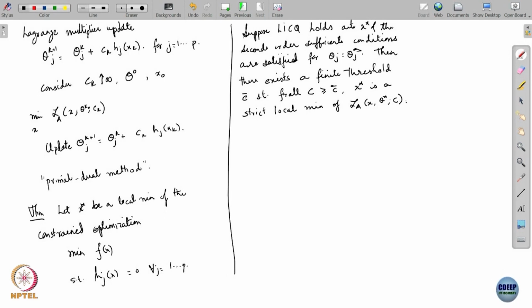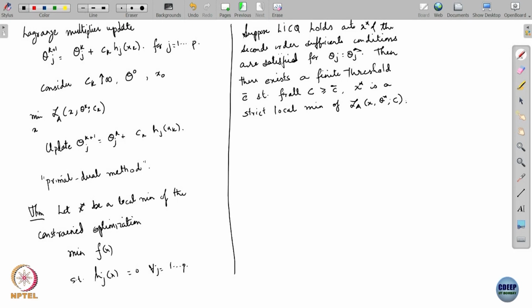Okay. So, this is now not a complete theorem of convergence of the augmented Lagrangian method, that takes a little bit more to state. It is quite a mouthful to state that, but essentially what we are seeing is that if I fix the Lagrange multiplier at the optimal value, then it is enough for me to keep a finite value of the penalty parameter, and with that finite value of the penalty parameter, the solution of my original problem can also be obtained by minimizing the augmented Lagrangian function.